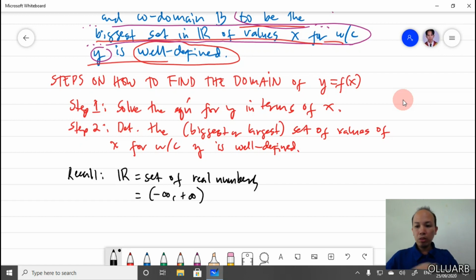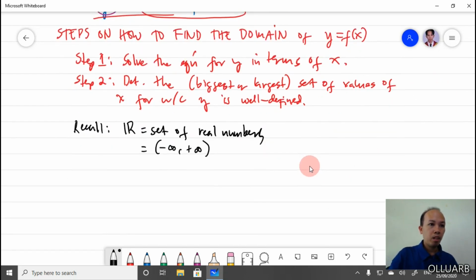Or if you want to visualize this set using a diagram, for example, this one. This is the Cartesian way of visualizing the set of real numbers.